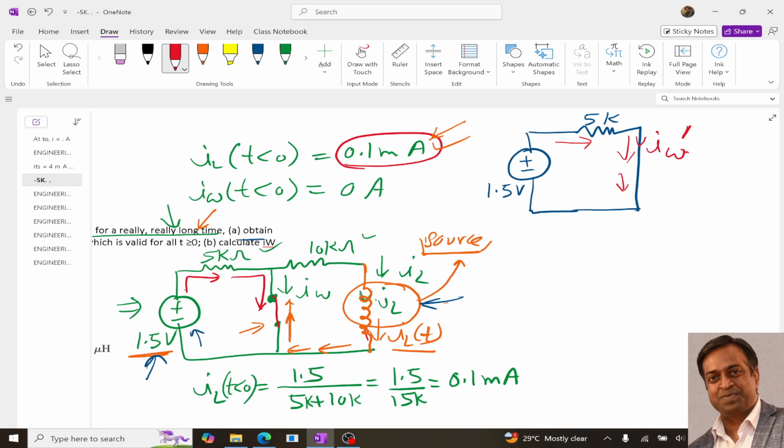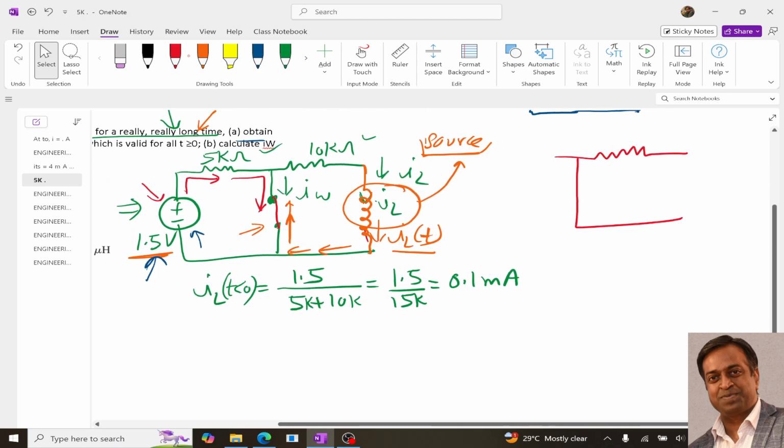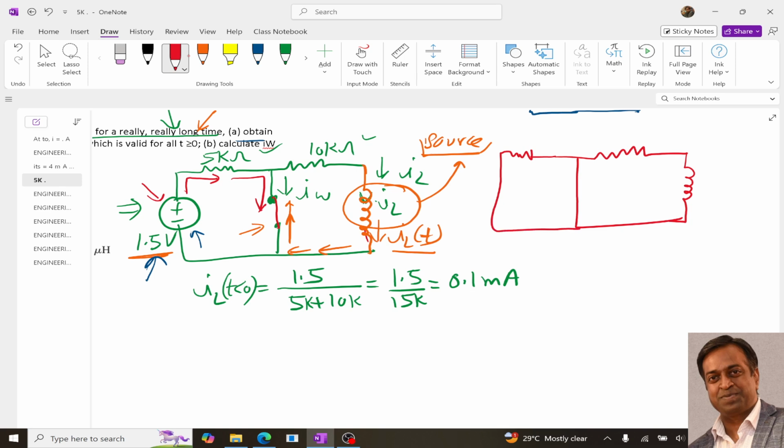Now similar to this, in the second case, we will keep this inductor active and deactivate the voltage source. So in this situation, if I draw this, the circuit will be something like this, right?